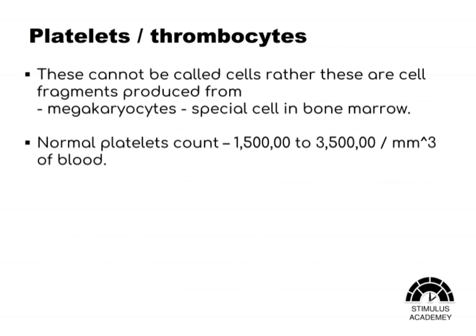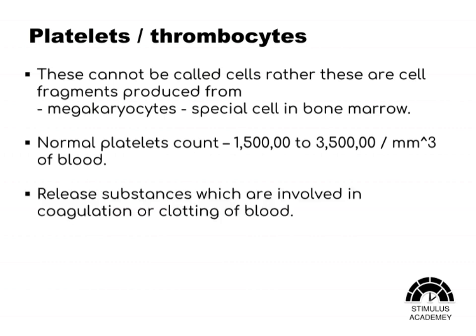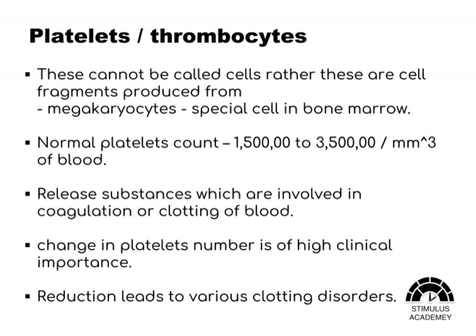Now, normal platelet count is 1,50,000 to 3,50,000 per cubic millimeter of blood. They release substances which are involved in coagulation or clotting of blood. Change in platelet number is of high clinical importance, and reduction leads to various clotting disorders.